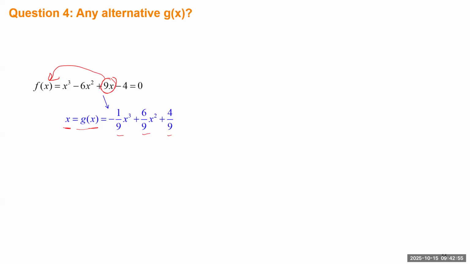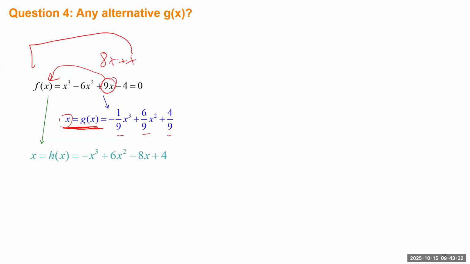But you may think there could be many other ways to write this formula, because the goal is to have a single x on the left and everything else on the right. So what if, instead of moving the entire 9x to the left, we only move a single x? We split this into 8x plus x, right?